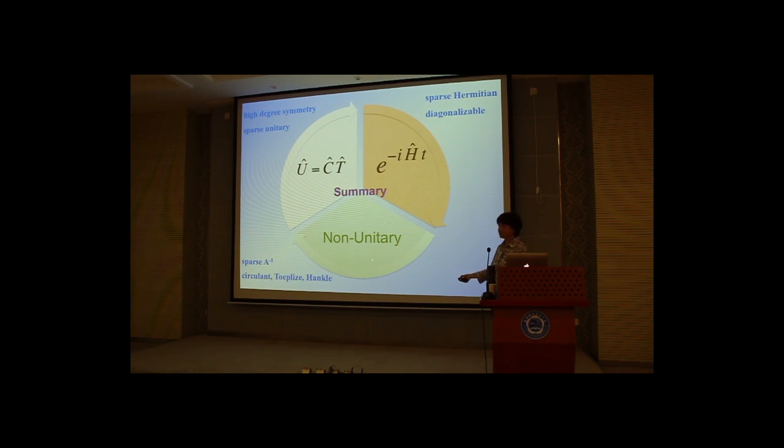For non-unitary, it is still a mystery. We can't do A, but we can do A inverse. In the classical world, we can do A, but not always A inverse. It's quite non-intuitive, but it's proven that it can be done. And for the other graphs, circulant, hopeless, Hankel, and there's a lot of hope for composite graphs. Thank you very much.